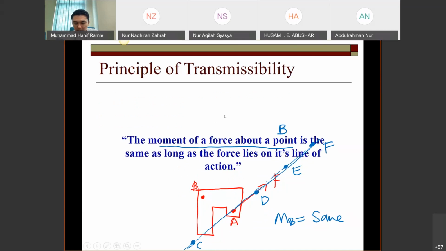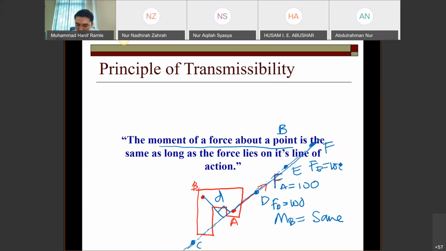Do you get it? Because of what? Because of this distance. Make sure that the force is the same. Let's say force A is 100, force D is 100 as well, force E is 100.